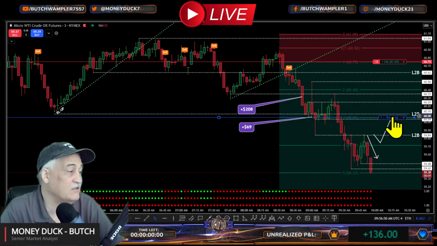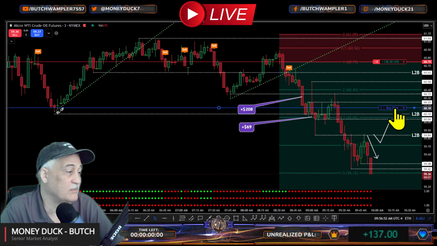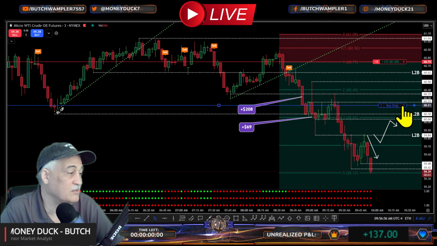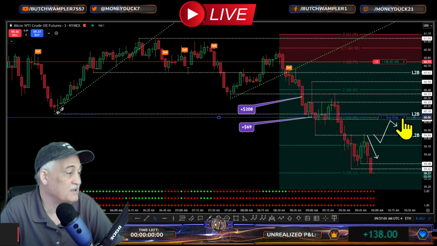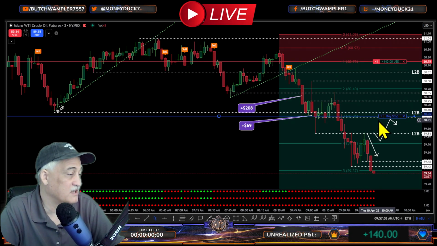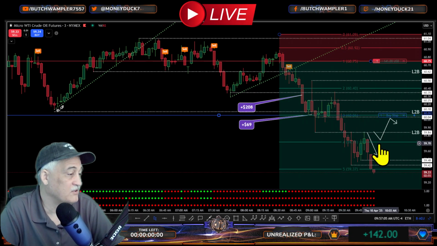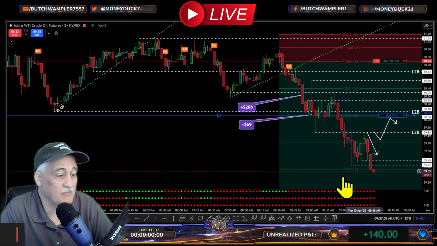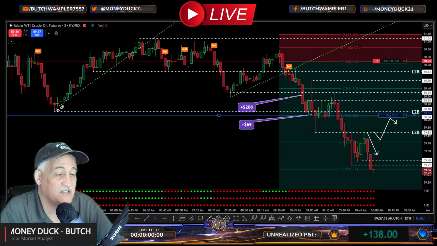And I was thinking of either moving it to level 3 or moving it halfway. Remember, I was up here at 2. So I was thinking either moving it just halfway down to level 3. But since it made that lower high, it was going to be right at level 3. It made the decision for me. It pushed to level 5. My rule is we're going to move it down to the next level. So I need to check this off.